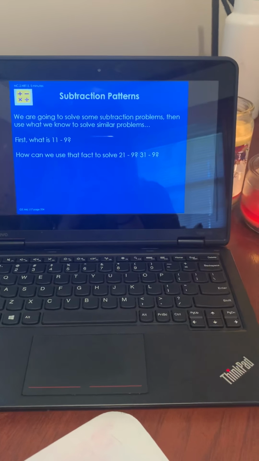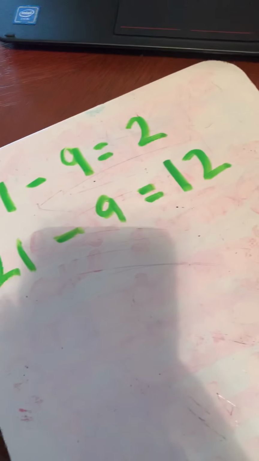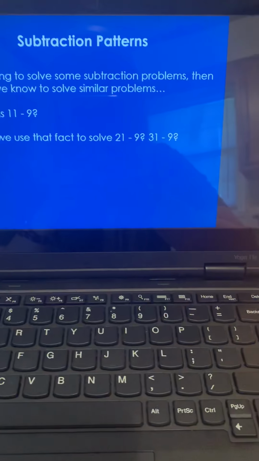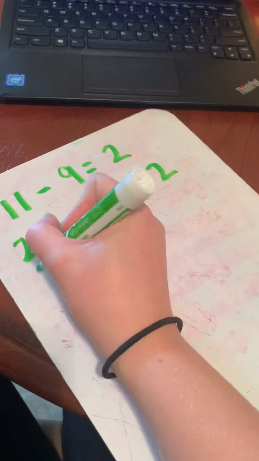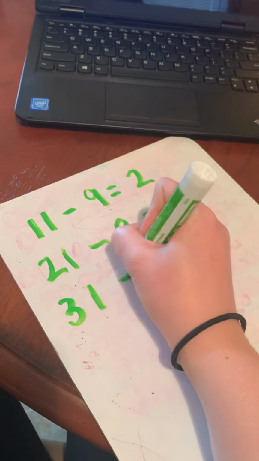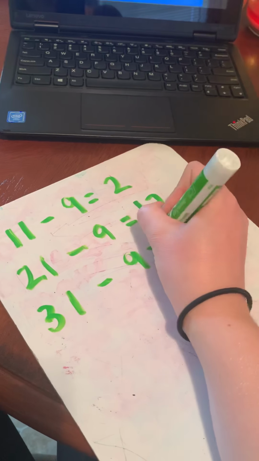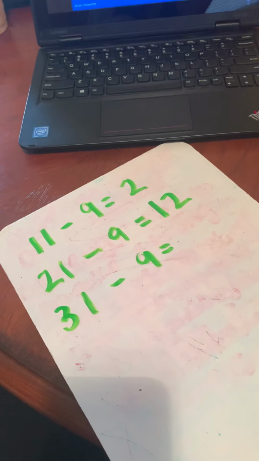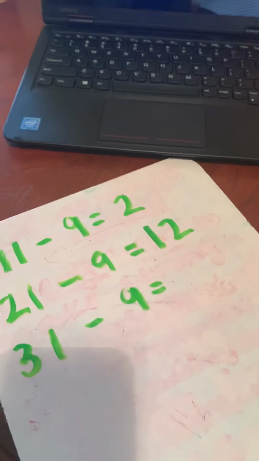How can we also use 21 minus 9 equals 12 and 11 minus 9 equals 2 to solve 31 minus 9? Go ahead and tell me that now.